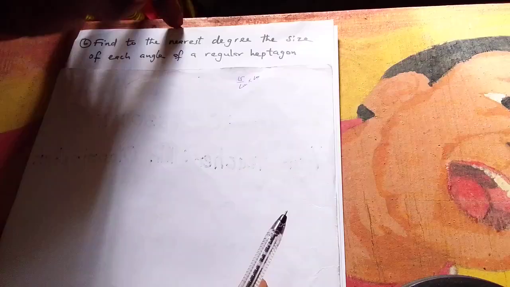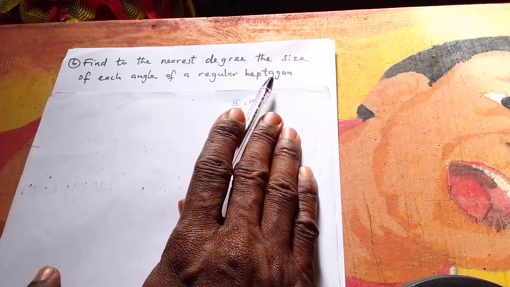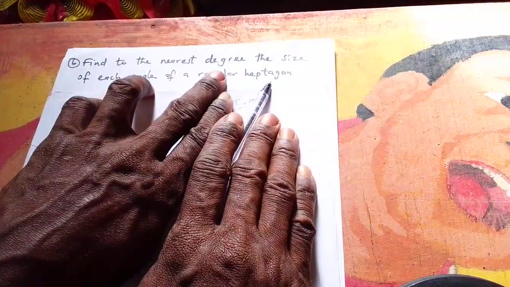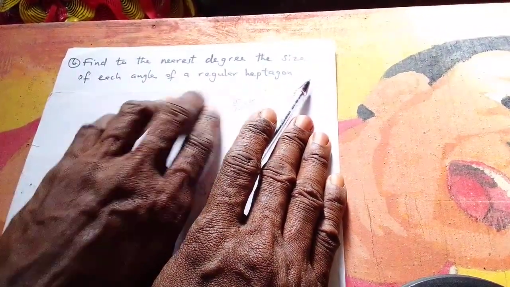Find to the nearest degree the size of each angle of a regular heptagon.